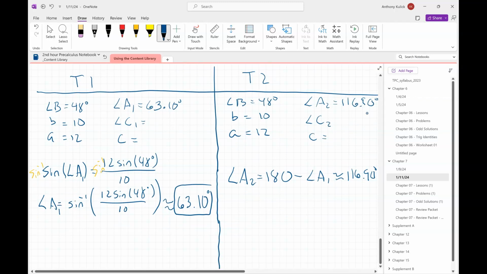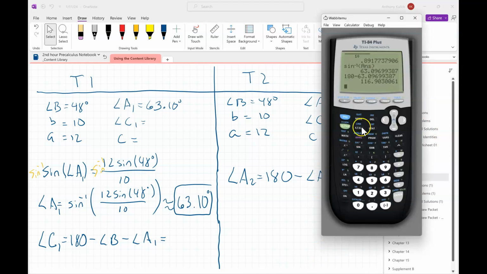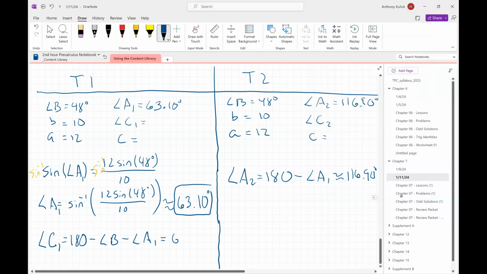Notice in triangle 1, I know 2 of the 3 angles now. So I can find angle C1 by doing 180 minus angle B minus angle A1. So there's angle A1 and then minus B. So I get 68.90.